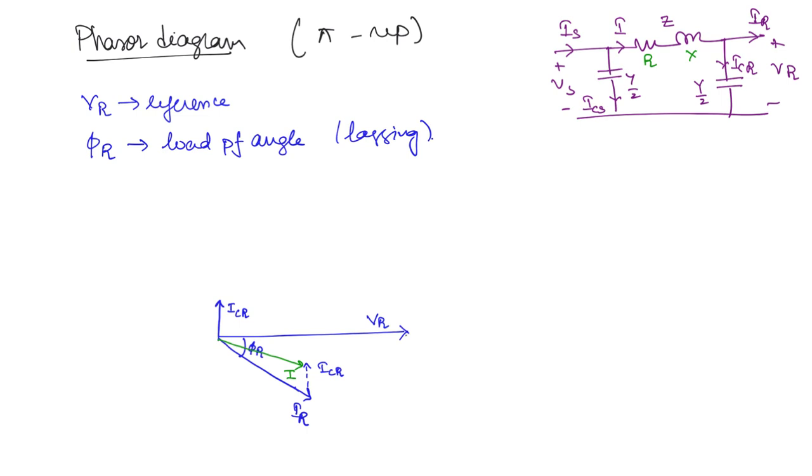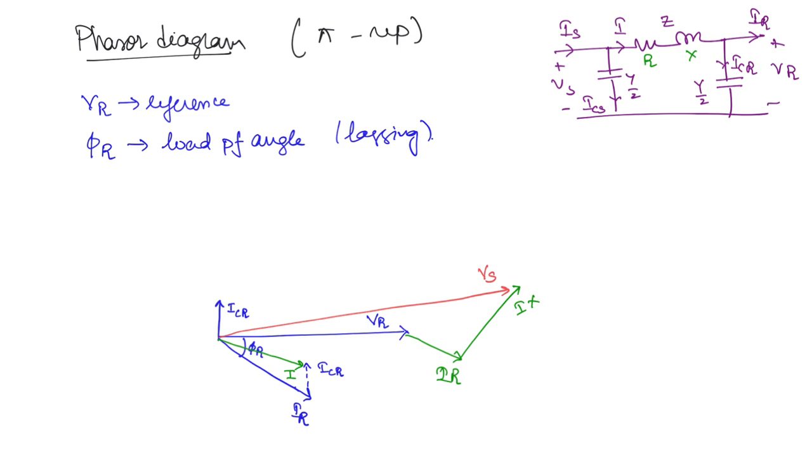This is I into R, and perpendicular to this, I into X. Now if you add VR, IR and IX, what are you going to get? VR plus the drop across this is nothing but the sending end voltage. So here you can draw the sending end voltage Vs.